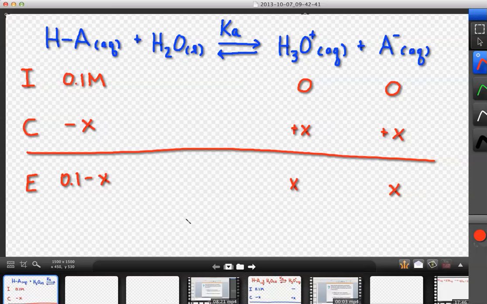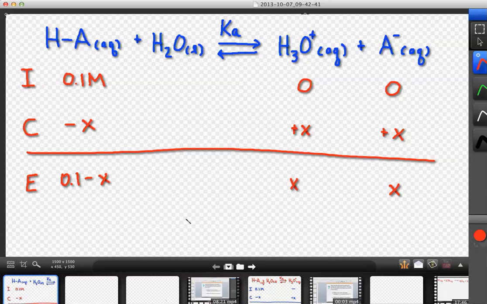Now typically with all of these pH calculations we can ignore the extent of ionization of the acid because usually the initial concentration of the acid is at least 1,000 times greater than the value of Ka.